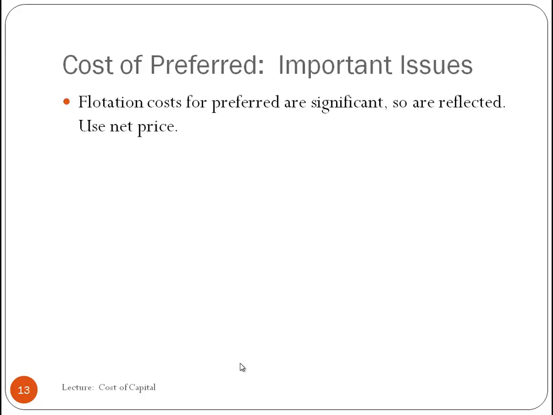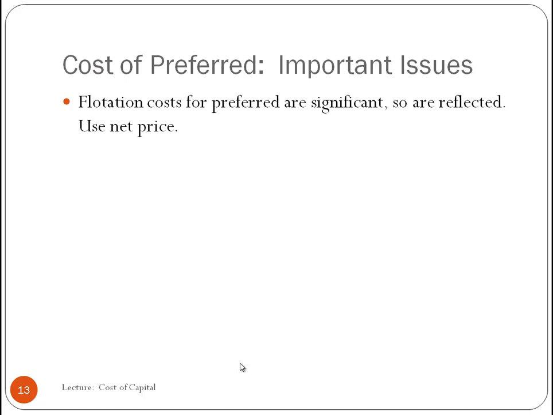So now, a couple of takeaways. The flotation costs for preferred stocks are significant. Unlike for bonds, where we're able to ignore them, the underwriter that facilitates this takes a pretty big cut. In this example, it was 5%.